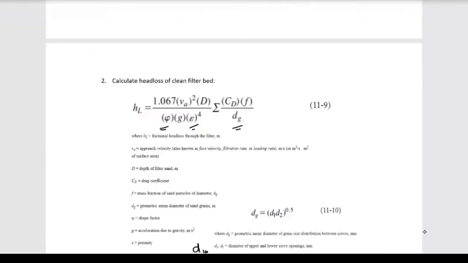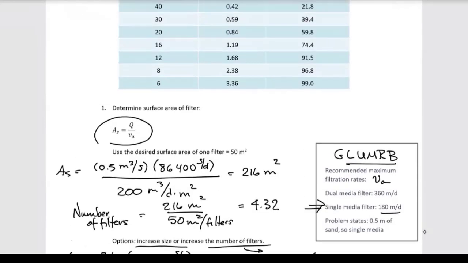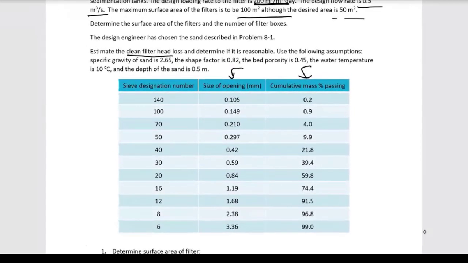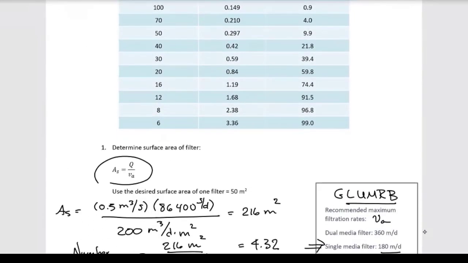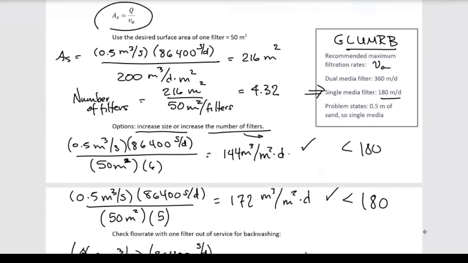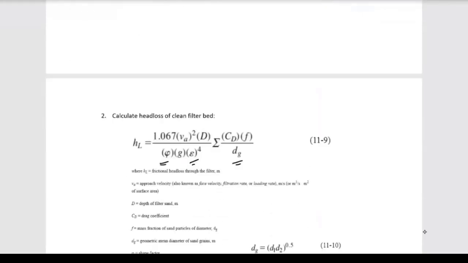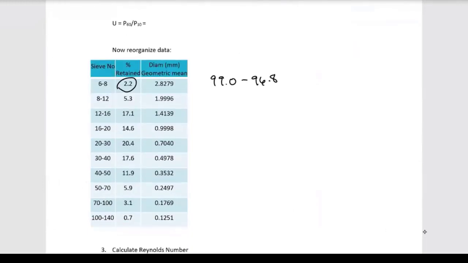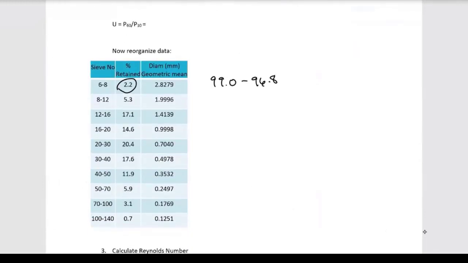And if we go back to this information here, we're looking at the percent retained in this fraction right here, in the sieve size 6 to 8. So that gives us this value right here.